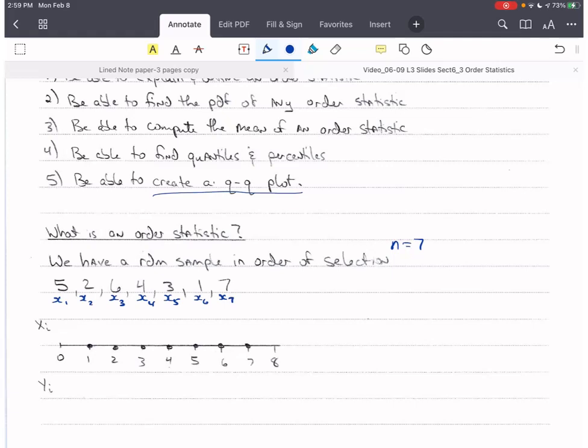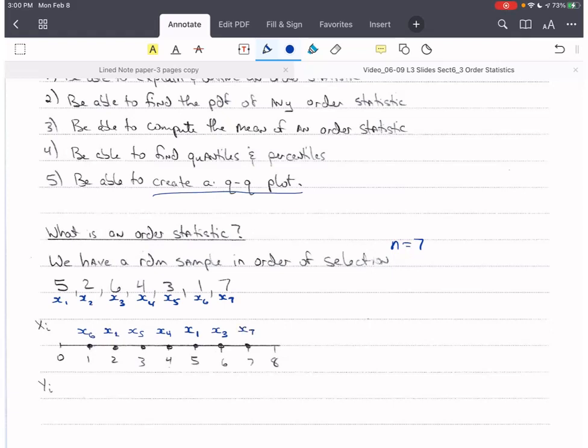Now, to plot this, this would be x1, 2 would be x2, 6 would be x3, 4 would be x4, 3 would be x5, 1 would be x6, and 7 is x7.